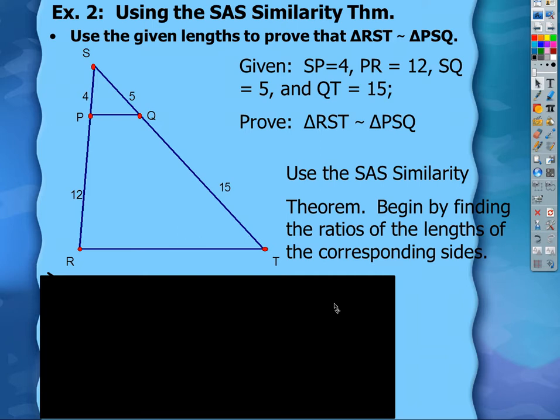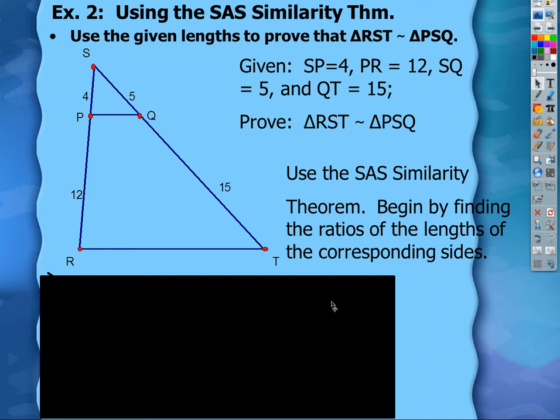If I'm going to use side angle side, where do you suppose we want to start with that? Remember, the two sides I need to use are the two that surround the included angle. And I don't have information about all three sides, do I? I only have information about 2 of the 3 sides of each triangle.